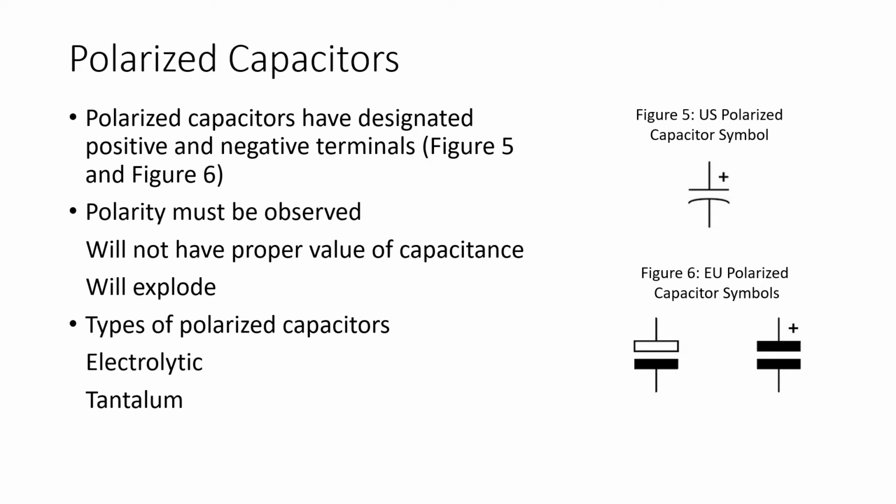Now, with these capacitors, of course, you have to observe polarity. If you don't, the capacitor will not have the proper value of capacitance, and they will explode. So the types of polarized capacitors that you will encounter are electrolytic capacitors and tantalum capacitors.